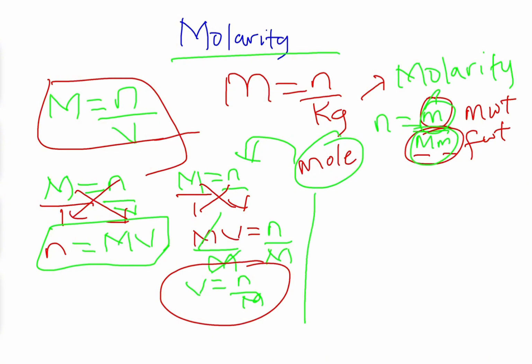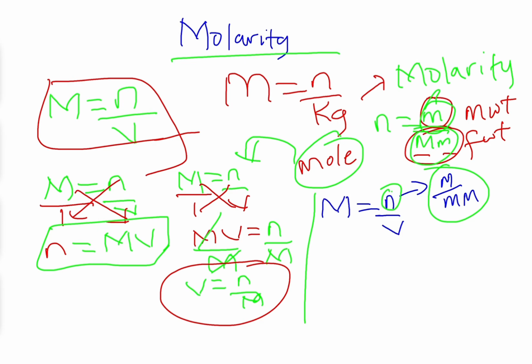But if you don't want to solve that problem separately, you want to combine them and just solve as an expert in chemistry or in solution, you can do that. You can say capital M, which is molarity, is equal to mole over volume of solution in liter. Where you have this mole right here, you can just break it apart by saying mole is equal to mass divided by molar mass. It tells us that anywhere you see mole, you place mass over molar mass.